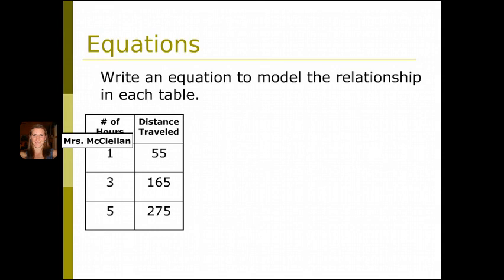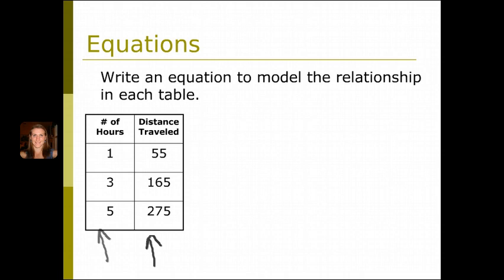Sometimes you're given information to create equations in the form of a table. They want you to take the information given and figure out an equation that works in every set of information. To do this, you need to think to yourself, what am I doing to the first column to get the answer in the second column?